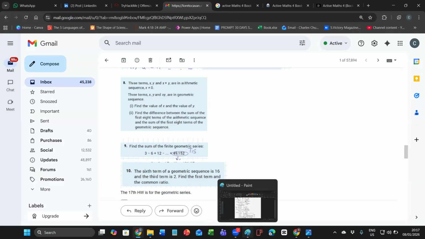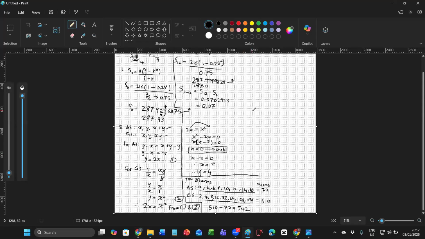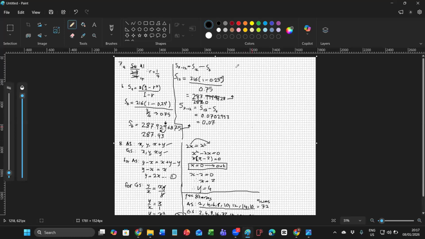Can you see? That number there is 49,152, right? Yes, 49,152. So it's safe to say that the common ratio is minus 2. Why? Because that's how the next term was obtained.